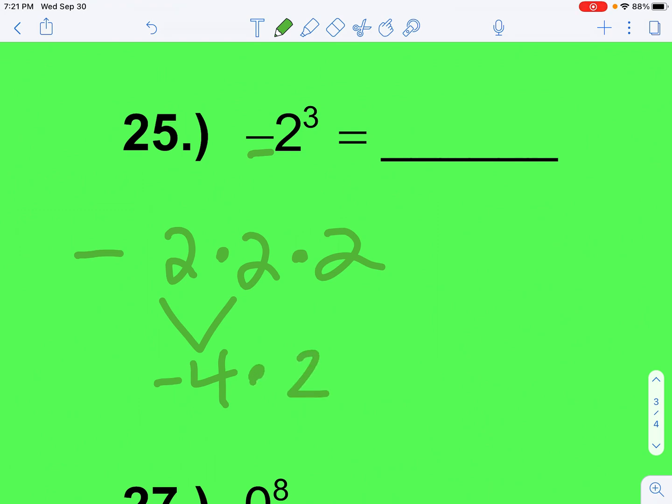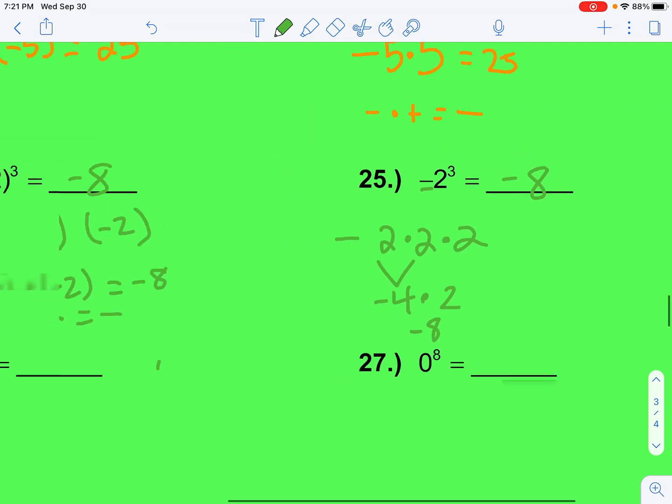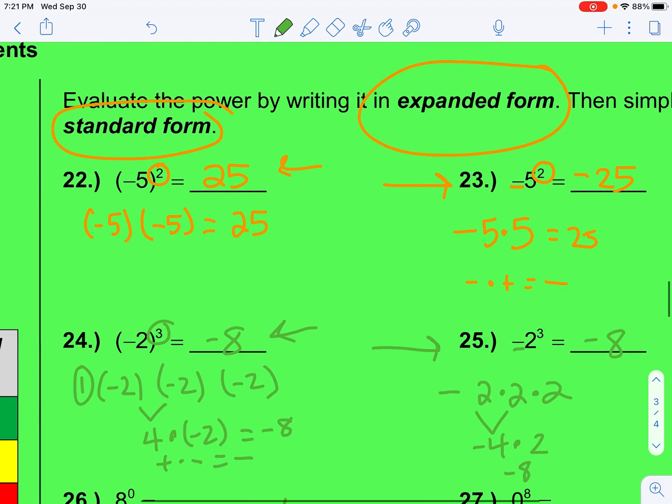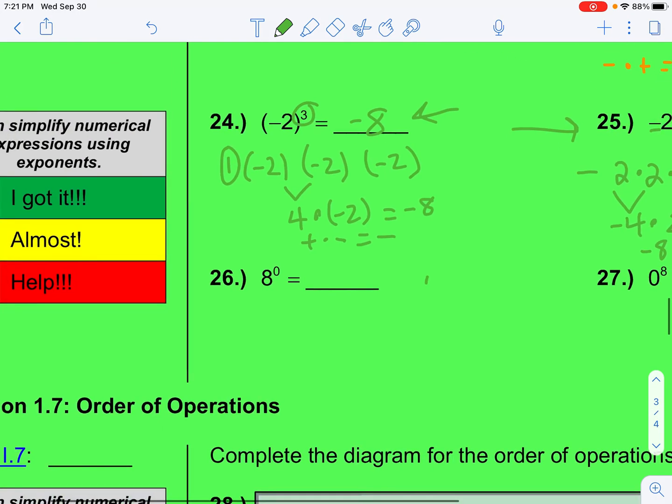But I still have to take that times 2. A negative 4 times 2 gives me a negative 8 for an answer. So in this instance, both my answers were the same and the parentheses didn't matter. The only time it matters is when our exponent is even.